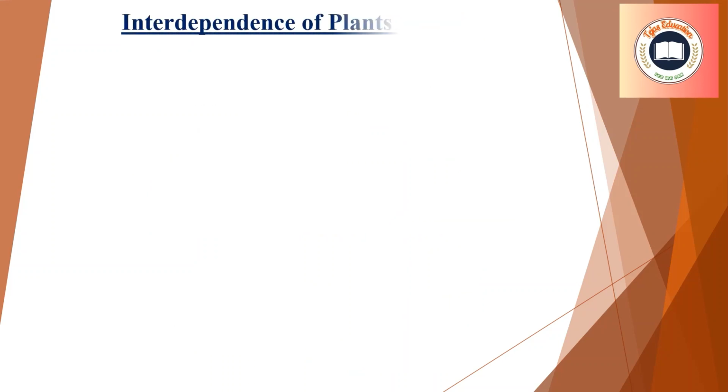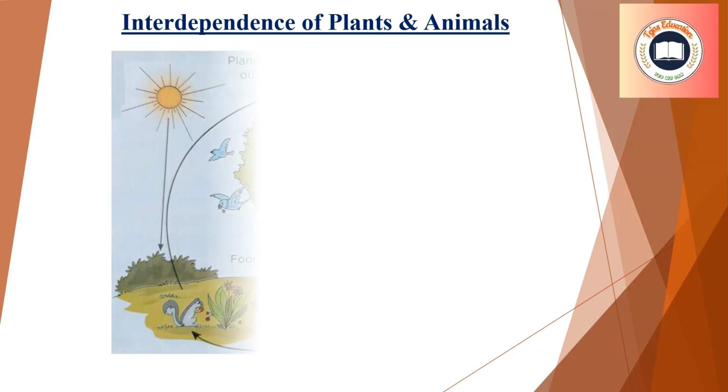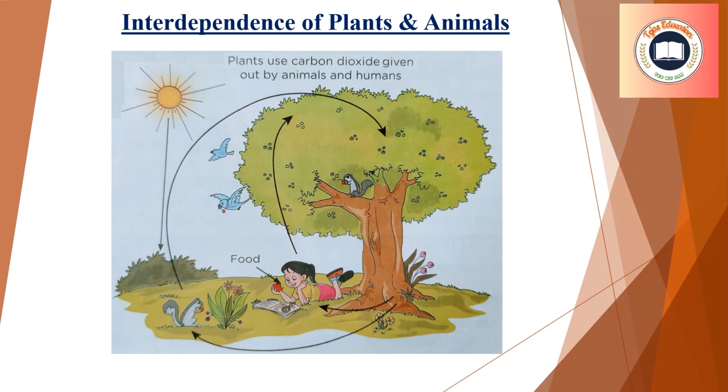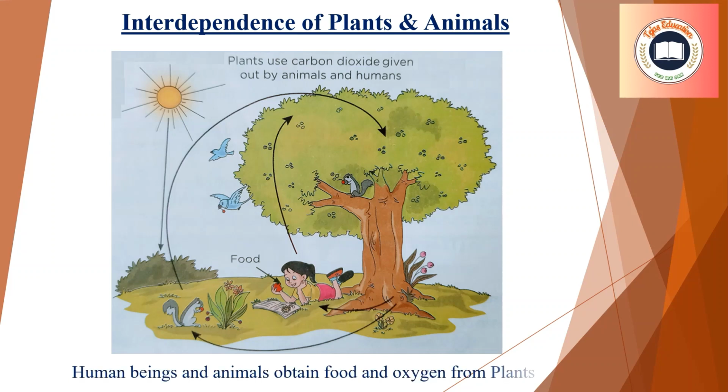Interdependence of plants and animals. This picture tells us what interdependence is. Interdependence means dependence on each other. Here, the plants give food to the human beings and animals. In return, they take the carbon dioxide released by human beings and animals to make their own food.